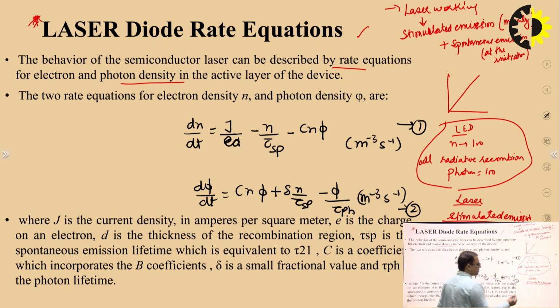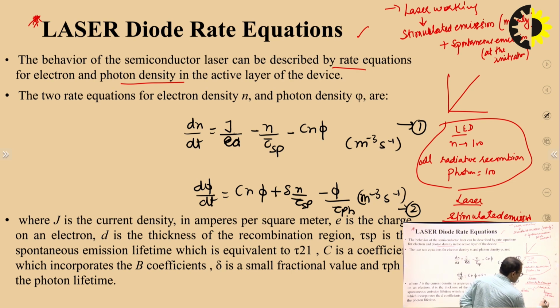In stimulated emission, you have observed that if one photon triggers an electron and that electron moves through the conduction band, it releases two photons.